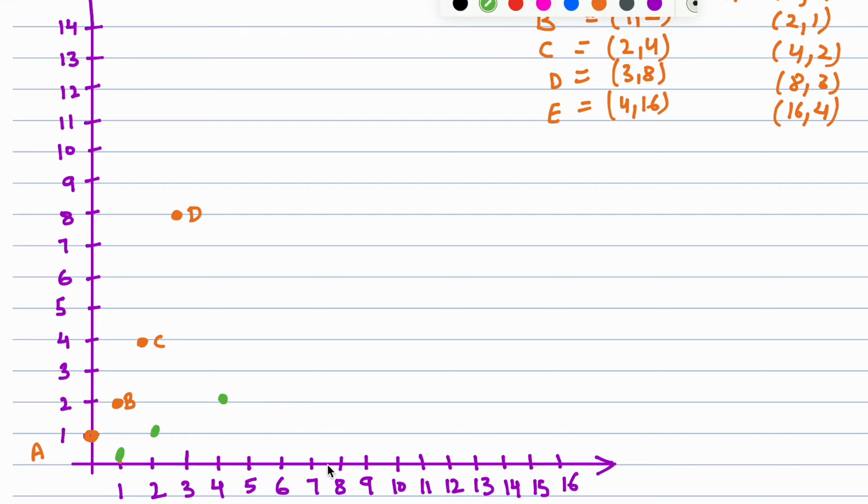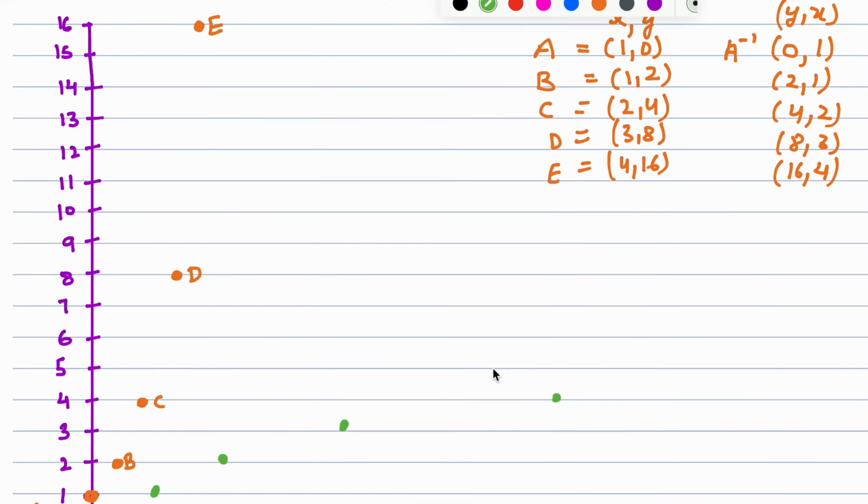D inverse is 8 and 3. E inverse is 16 and 4. So A inverse, B inverse, C inverse, D inverse, E inverse, these are the points for the inverse function when we just interchange their places.